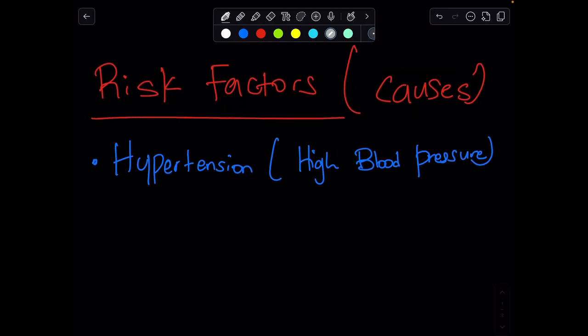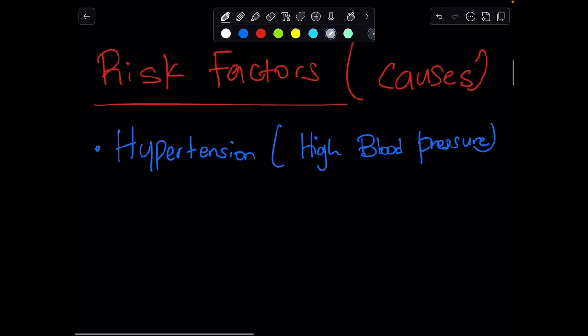Think of the blood vessel like a hose, okay? If you're constantly spraying, the pressure coming out of the hose is so heavy that eventually the inside of the hose starts to get weak, and because it's getting weak, it's breaking down. Okay, hopefully that was clear.